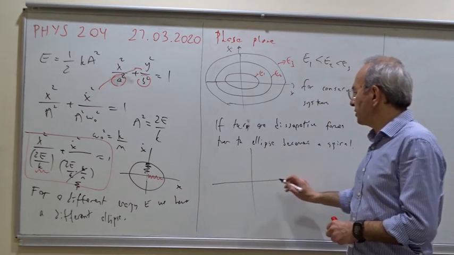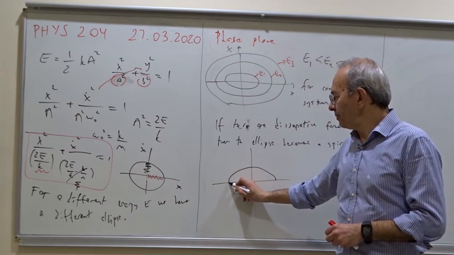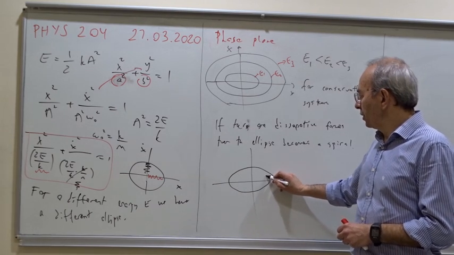For instance, it may start from a certain position, follow such an elliptic path, but doesn't arrive at the initial position.